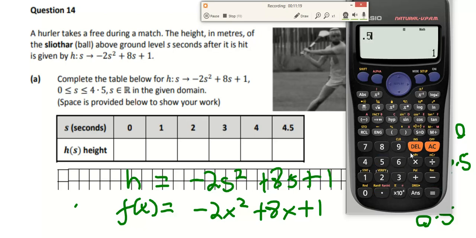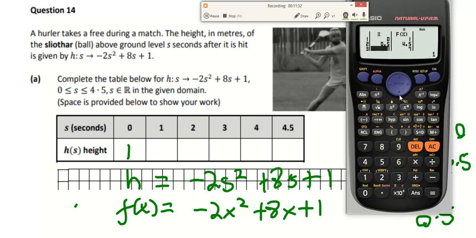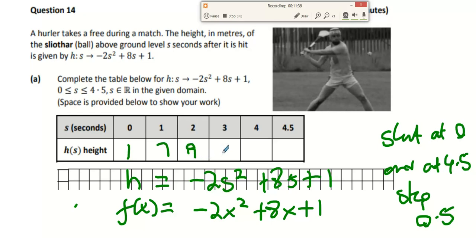Why did I use a step of 0.5? To get the 4.5. Otherwise, I would have skipped straight from 4 to 5. I'm going to put in the numbers that I want. 0, 1. What's the next one? 1, 7. 2, 9. 3, what? 4, what? And 4.5?